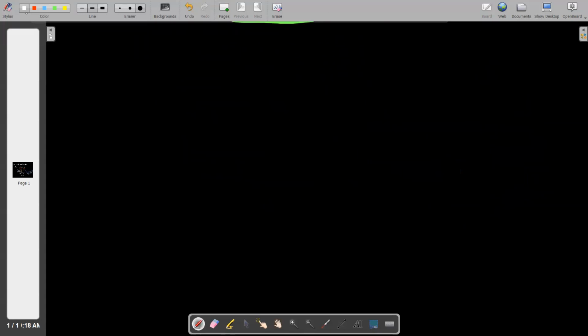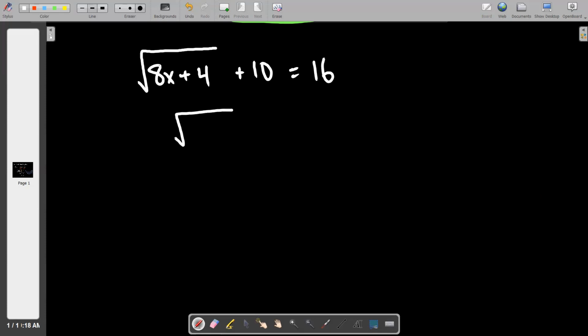This one's going to go a lot quicker because now that first introductory one is done. This will be fast. So we have the square root of 8x plus 4, plus 10, is equal to 16. What do we do first? It's minus 10, and we get the square root of 8x plus 4 equals 6.